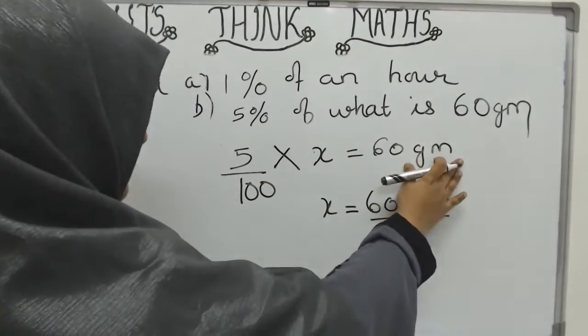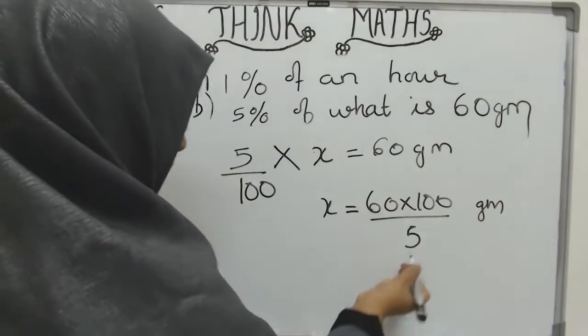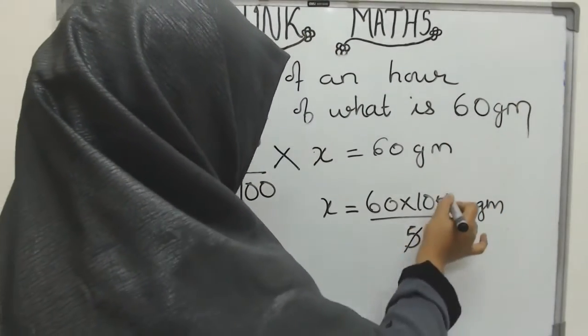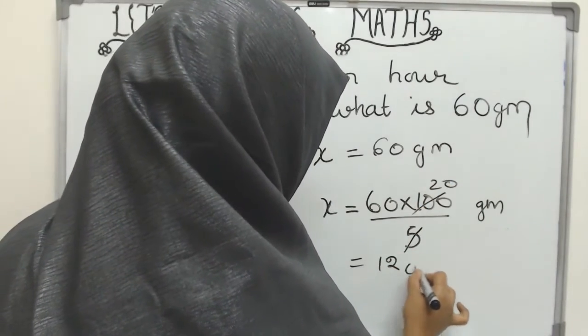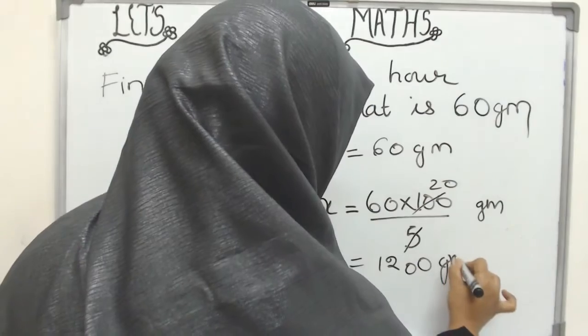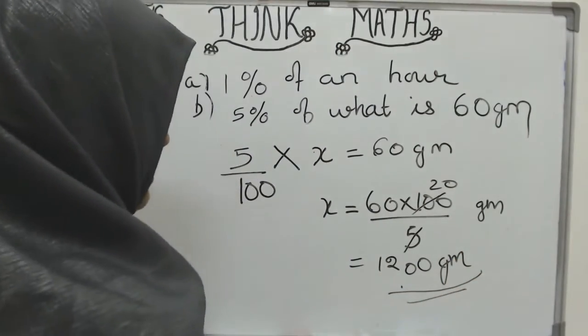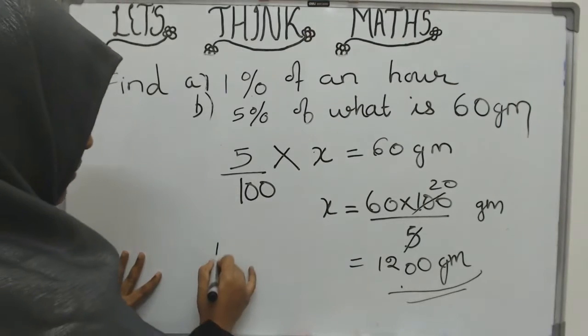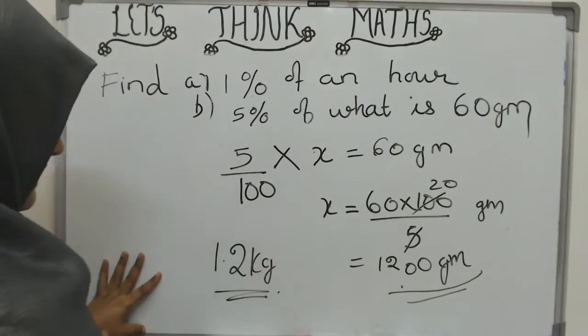As we are dealing with units, please remember to put the units also. Now 5 into 20 will be 100. So 1200 grams is the answer. So 1200 grams would be 1.2 kilogram. That is the answer.